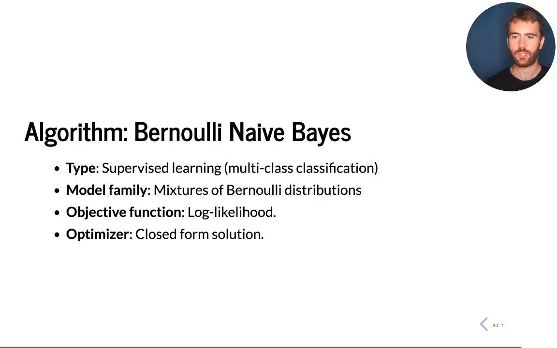I guess you could say it's a mixture of categorical distributions, where each categorical distribution factorizes fully over its dimensions according to the naive Bayes assumption, and so therefore it looks like a mixture of Bernoulli distributions. This model is optimized using the log likelihood, and as in Gaussian discriminant analysis, there is a closed form solution for this data set.